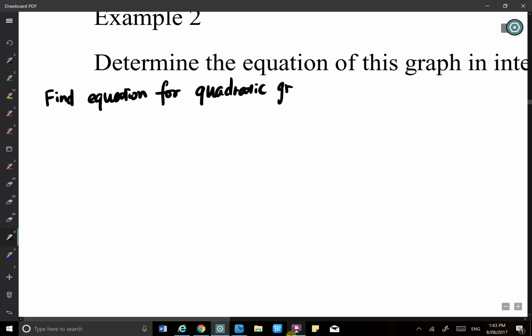For quadratic graphs, the first type is given a turning point and any other point.